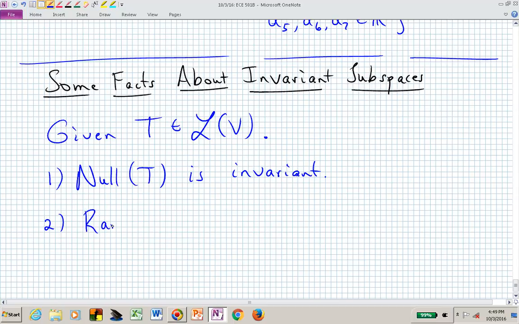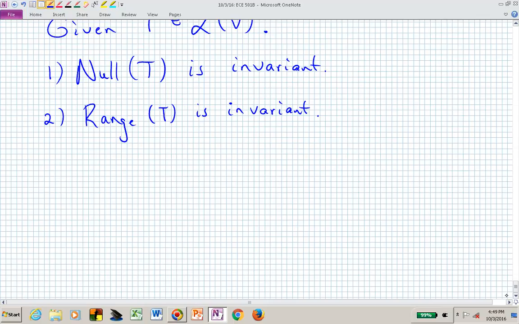The range of T is invariant. Which means now if we start with a vector that gets us somewhere in the codomain, then we're going to stay in that codomain with that vector.